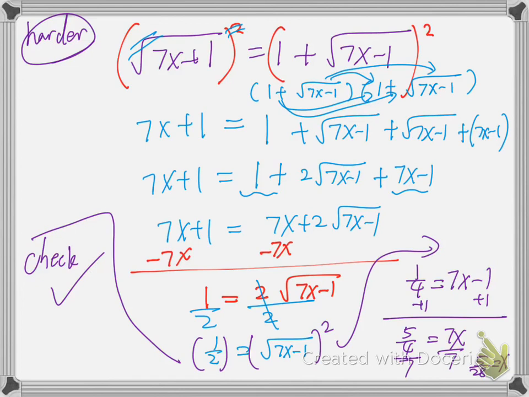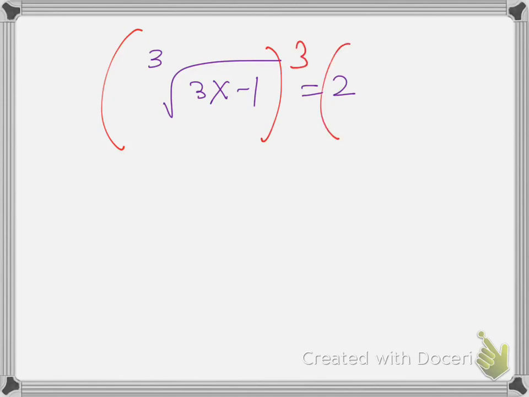There's also a cube root equation in the web work. This is like cube root of 3x minus 1 is 2. If this is a cube root, you cannot use the second power to cancel it, so you have to use the third power.